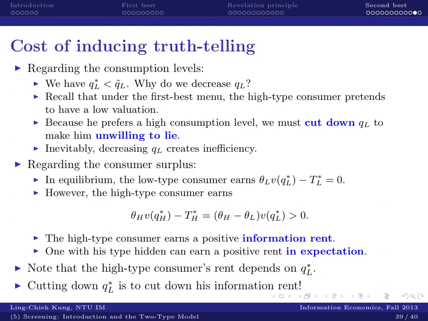But when I make QL smaller, efficiency will decrease. The total pie will become smaller. So I'm making a trade-off between making the pie smaller and giving him just a little bit. That's my trade-off, and eventually there is the optimal level. But anyway, the reason we want to cut down QL intuitively is to prevent this guy from lying, and eventually that's because we want to cut down his information rent.